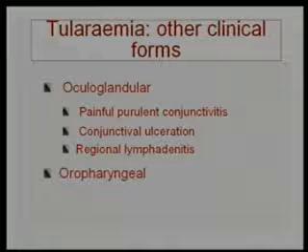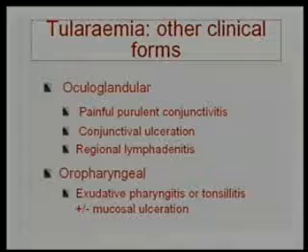An even more uncommon form is oropharyngeal. What it really means is contact through the mouth, hands to mouth, or some other way, and it doesn't get into the gastric area, further down the intestinal canal. So instead of typhoidal, if it harbors itself just in the oropharynx, then it will cause lesions there.